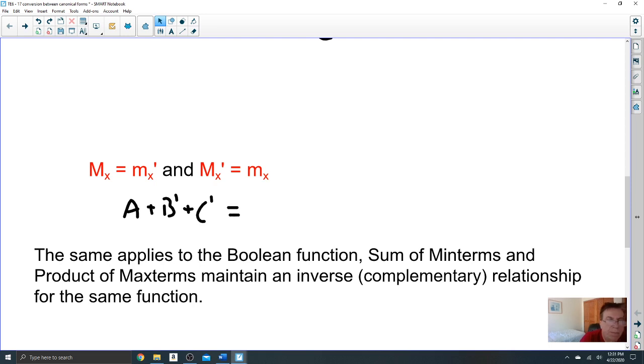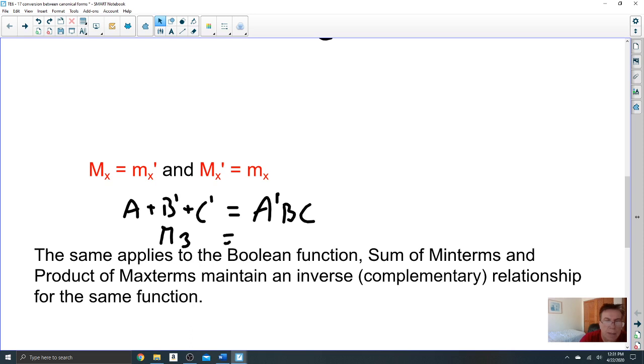Okay, when you prime this function, you're going to have the following: a prime b c. Now, this thing is max term 3.